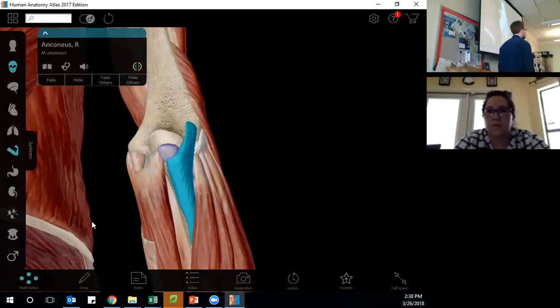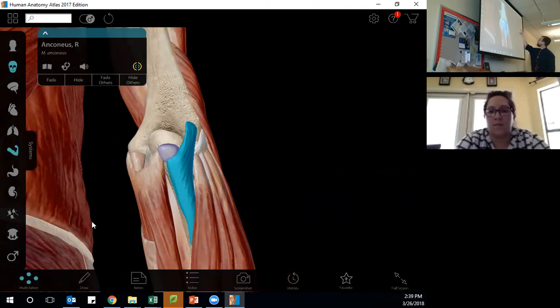So think of it much more like the popliteus of the knee. What was the function of the popliteus? It unlocked the screw mechanism. It grabbed that tibia and internally, medially rotated it so we could do some flexion extension. So anconeus is going to function some of the same way.